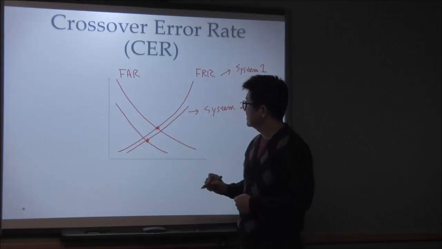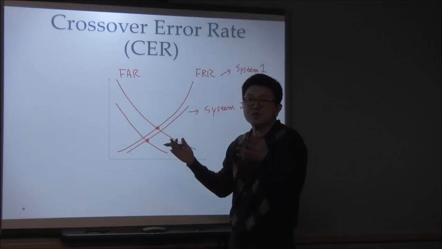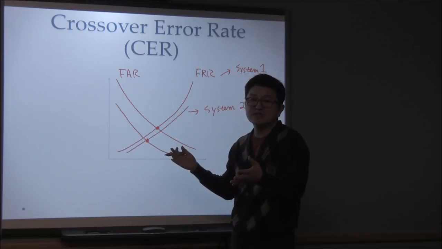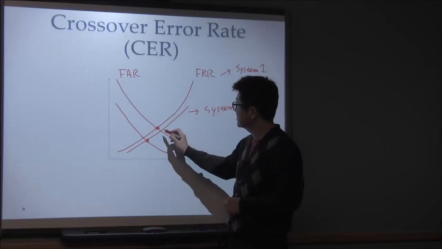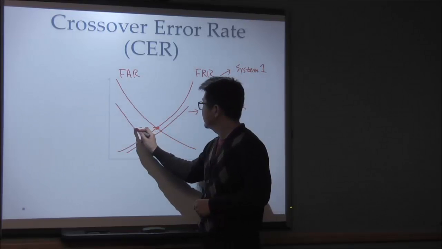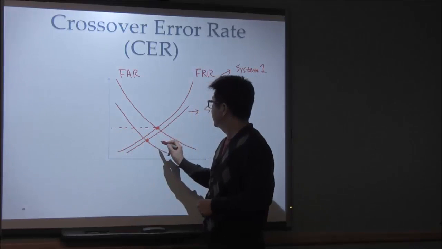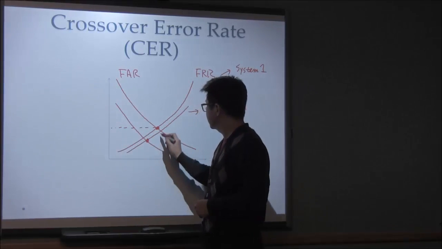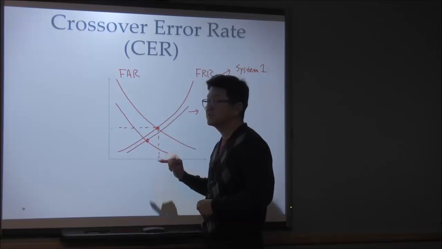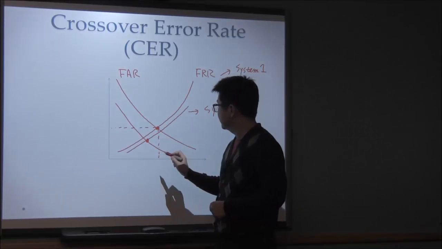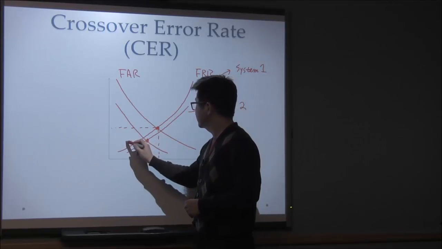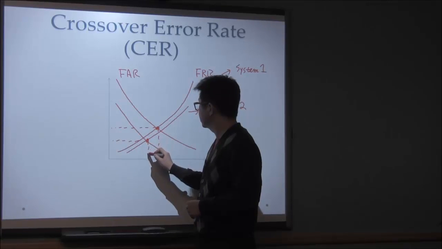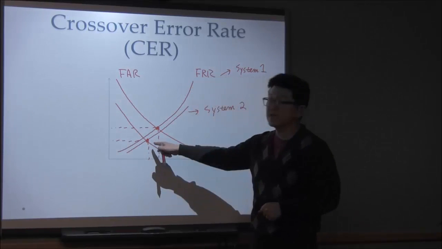As a whole, you want both false acceptance and false rejection to be as low as possible. When you compare these two systems, for system 1, the error rate is here when the sensitivity is this much, and for system 2, the error rate is low when the sensitivity is there.